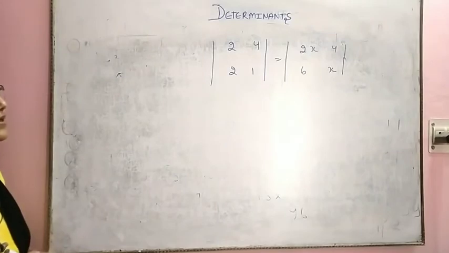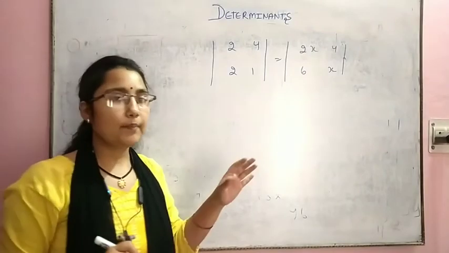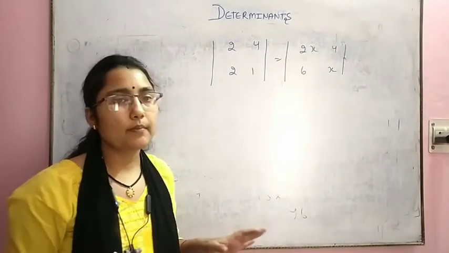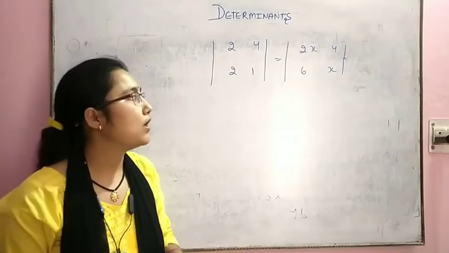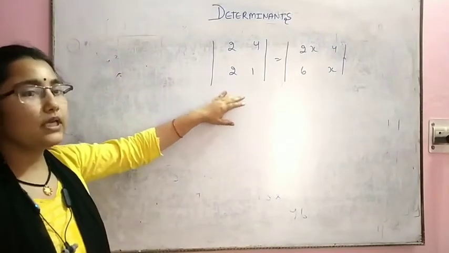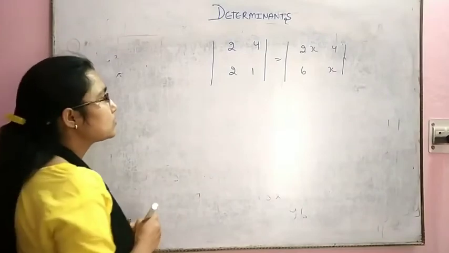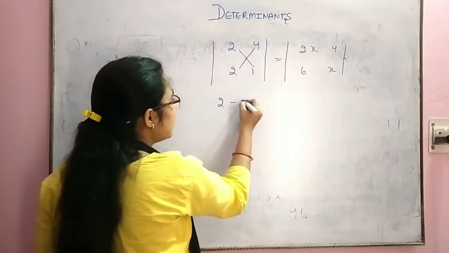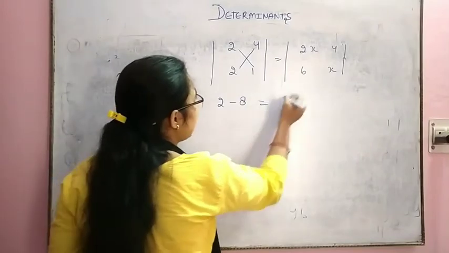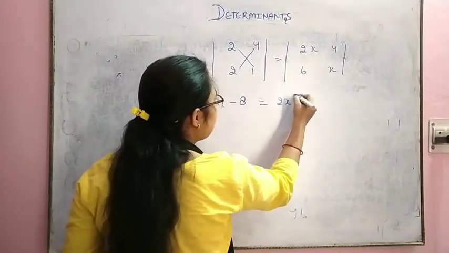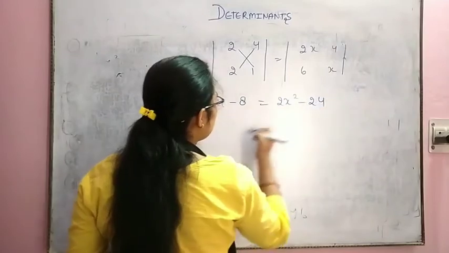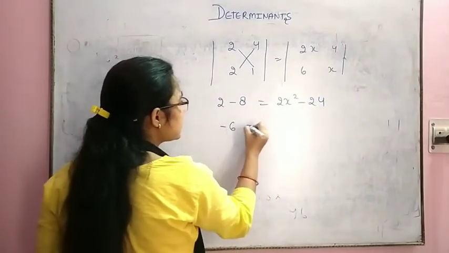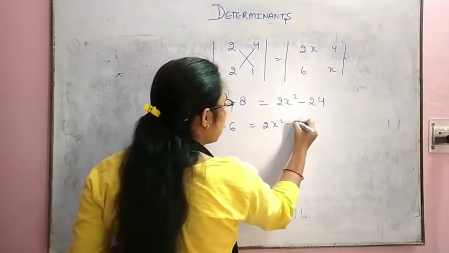In the case of a matrix, we compare the position elements directly, but in the case of a determinant, we need to find firstly the value of the determinant. So firstly, the value of this determinant is 2 into 1, 2, minus 4 twos are 8. And this is 2x square minus 6 fours are 24. So this is minus 6 times 2x square is minus 24.